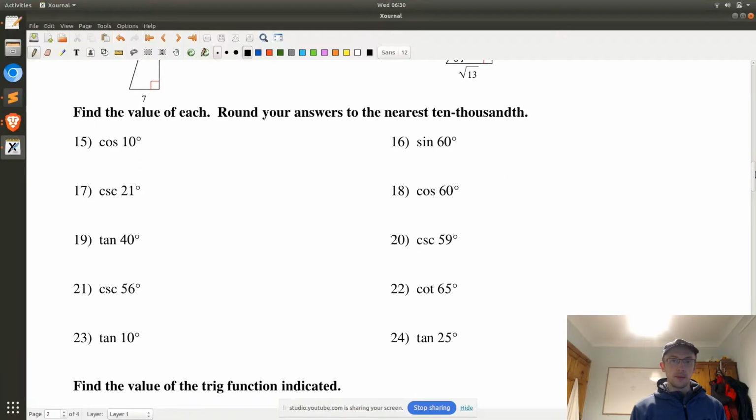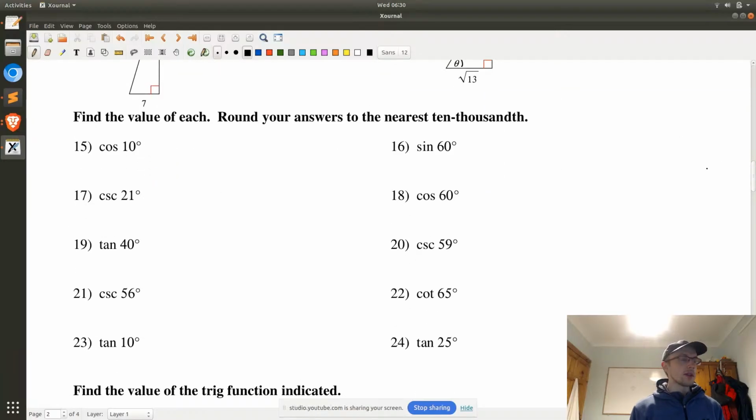Now, using your calculator, because it's almost impossible to do all these in your head, find the value of each and round your answer to the nearest 10,000th. So have a scientific calculator handy. If you don't, Google's just fine. The calculator built into Google.